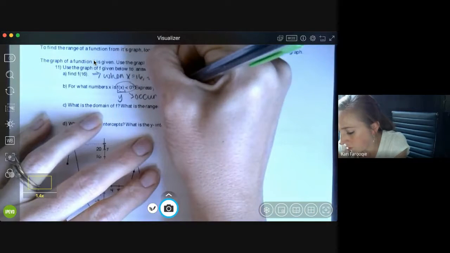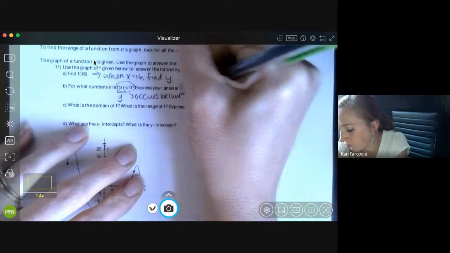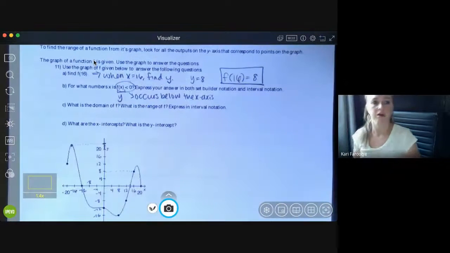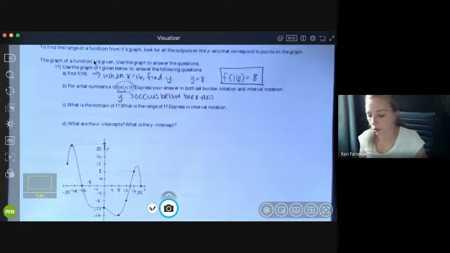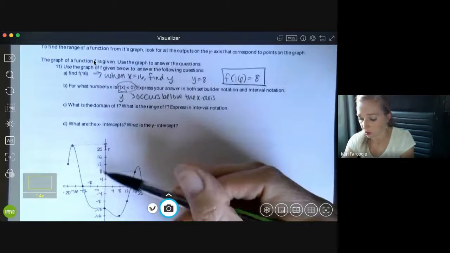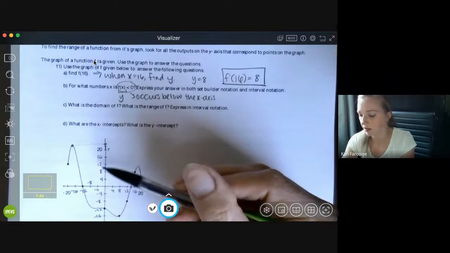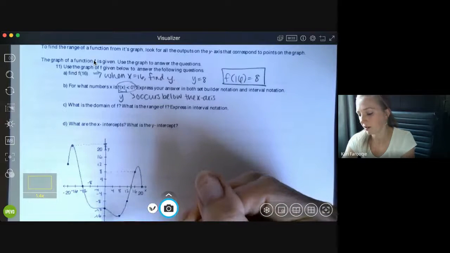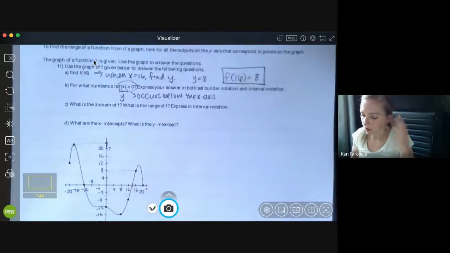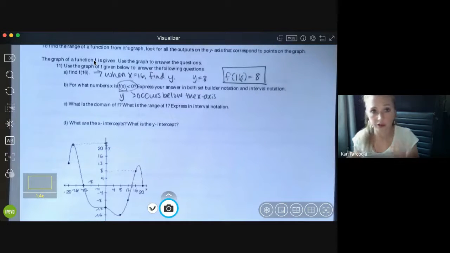So this occurs below the x-axis. So when you're thinking about values of y, you know that the values of y are positive starting from the origin and moving up from the x-axis. And the values of y are going to be negative as you work your way down. So what we're looking for are the numbers x for which this graph has a negative value for y.